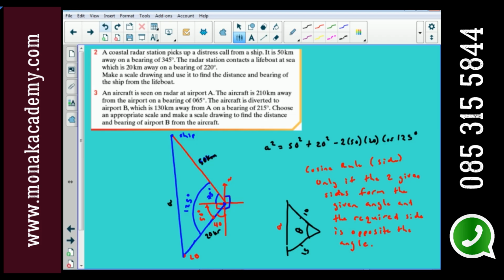So when you see a situation like this, you know without quick thinking about it, cosine rule for distance.